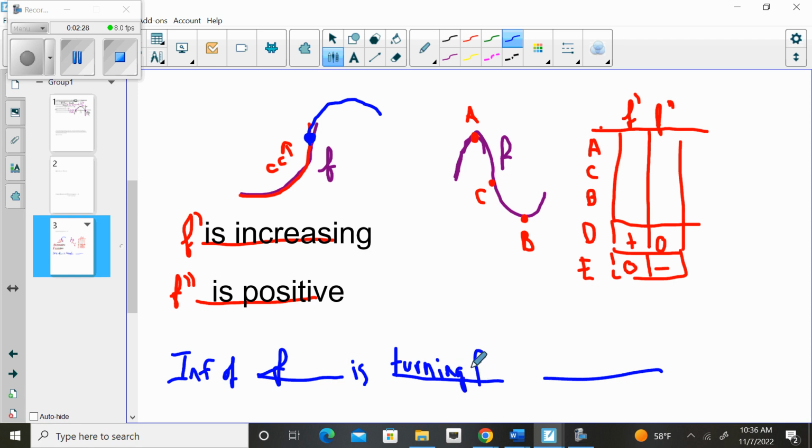So that means if this were coronavirus, the rate of change just went from an increasing rate of change to a decreasing rate of change. Cases are still going up, but now they're going up at a decreasing rate, because concave down, the rate of change is decreasing. So an inflection point of f is a turning point of f prime, in this case a maximum. That was the maximum rate of change, and it is a 0 for f double prime.